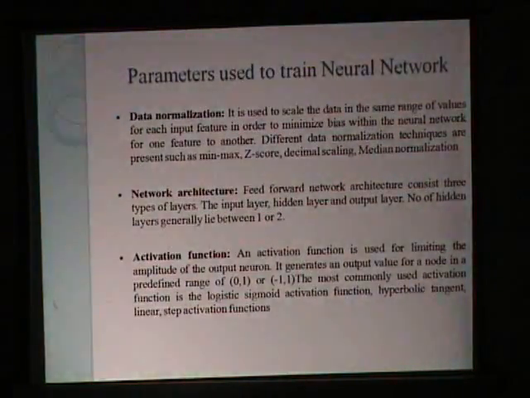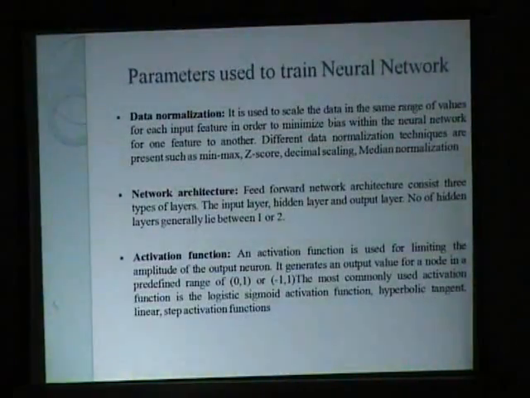Network architecture. In neural network architecture, basically 3 layers are present: input layer, hidden layer, and output layer. The input layer consists of the input neurons, that is the number of inputs you provide to the architecture. हिडन लेयर्स हमारे ऊपर डिपेंड करता है हम कितना लेना चाहते हैं। बेसिकली जनरली प्रॉब्लम्स के लिए हम 1 to 2 हिडन लेयर्स लेते हैं। देन फाइनल इज द आउटपुट लेयर, जो हमारा आउटपुट है वो आउटपुट लेयर के ऊपर डिपेंड करता है। Activation function.